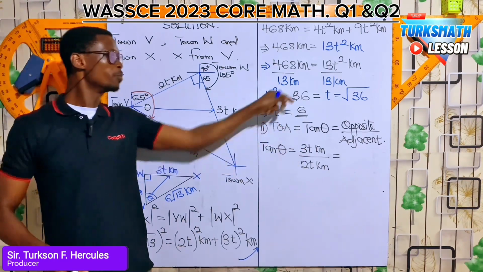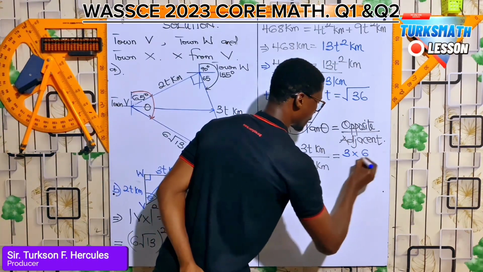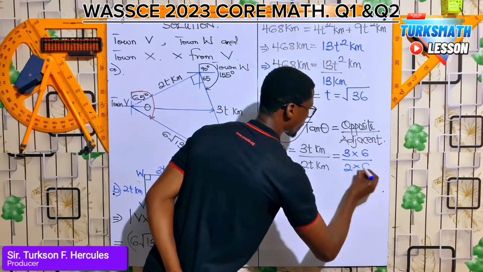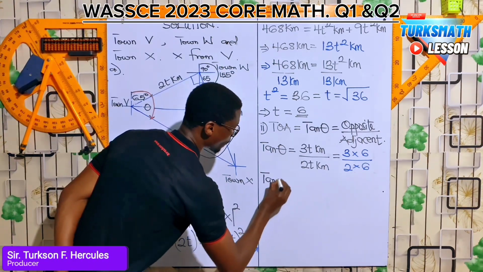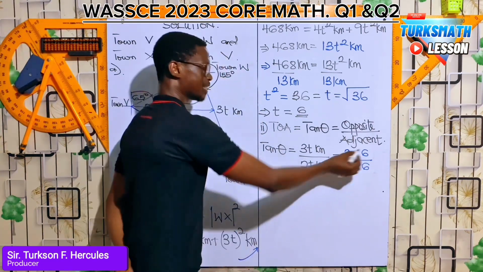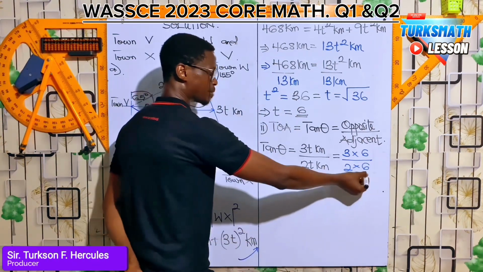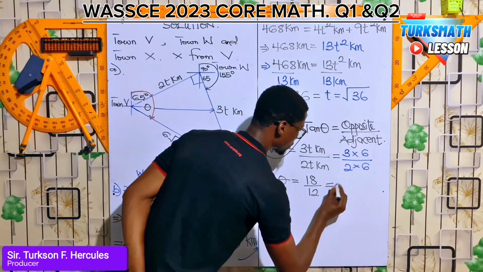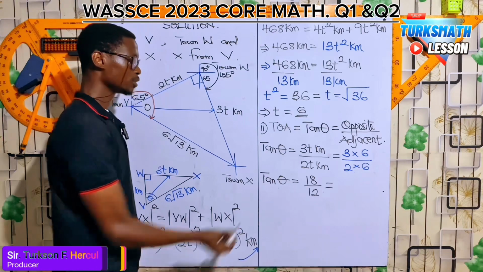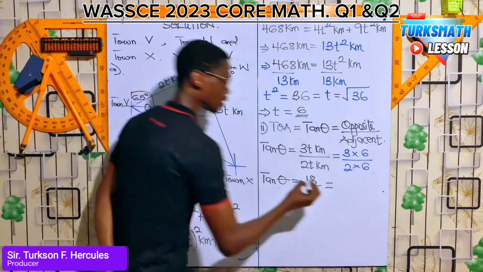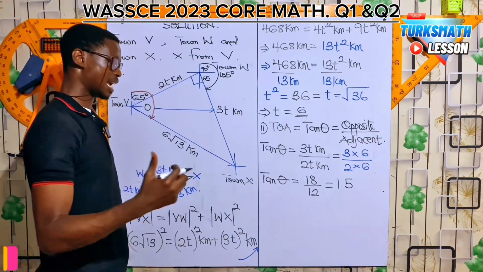So wherever you see t, you plug in 6. 3 times 6 will give us 18. 2 times 6 will give us 12. 18 divided by 12 is 1.5. So it's 1.5.